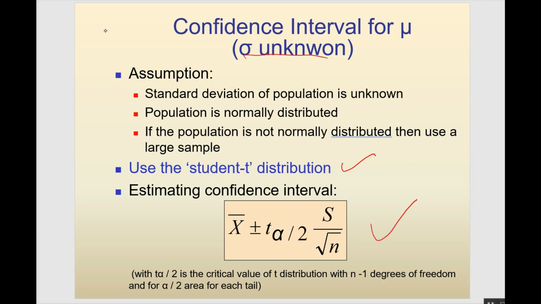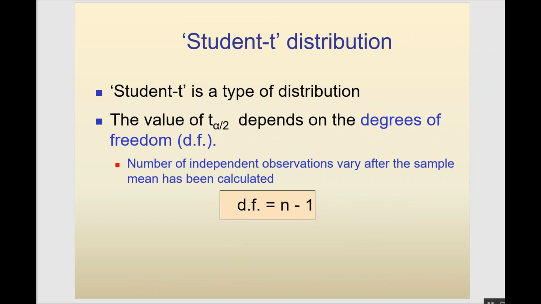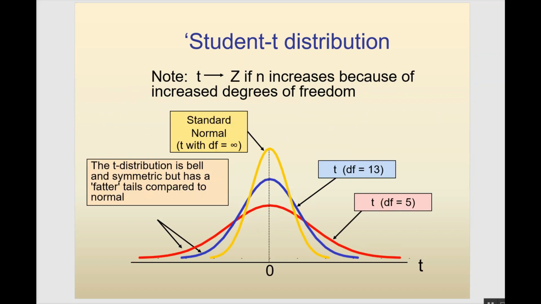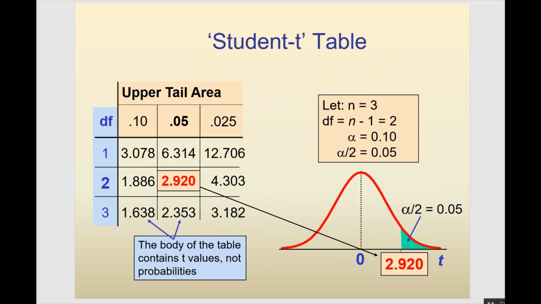So let's go to the example on how we solve for an unknown standard deviation. The value of t alpha divided by 2 depends on the degree of freedom, df, which is equal to n minus 1. And this is how we read from the student t table.